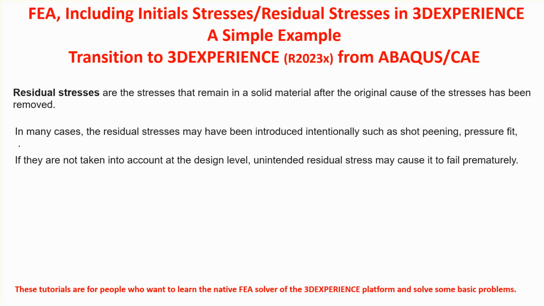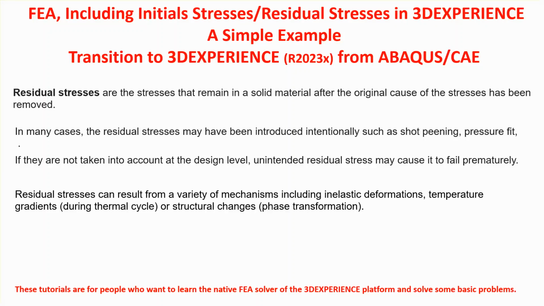The problem is that when these stresses are not taken into account, and they're not equilibrating either, then that can cause a problem, and it may cause premature failure. Now, these residual stresses can be introduced by many mechanisms.